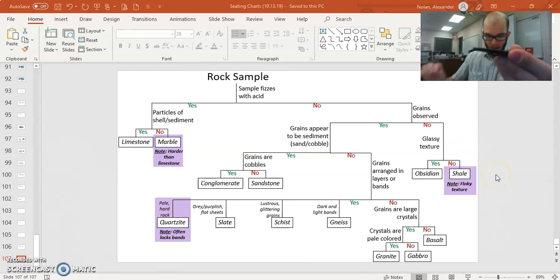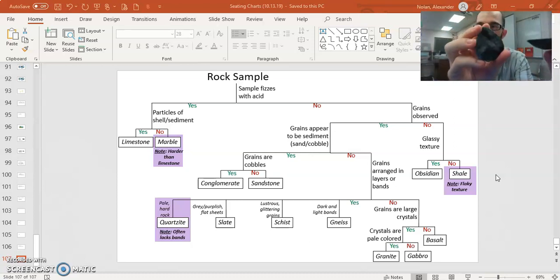And the big indicator that it's shale and not basalt is that look at how they break. Look at how this is a flat little sheet. This is a really clear-cut indicator that it's probably sedimentary. It's also rather soft. You can basically just break off little bits with your fingers, but the basalt is rather hard.